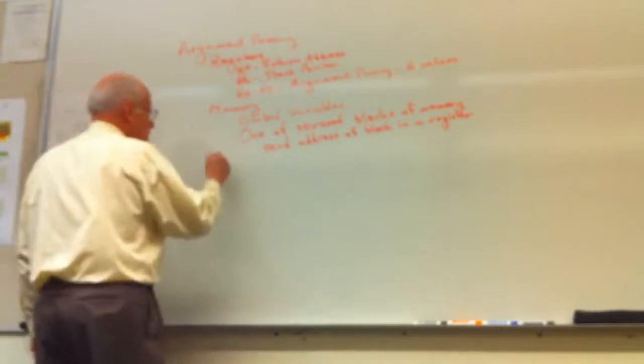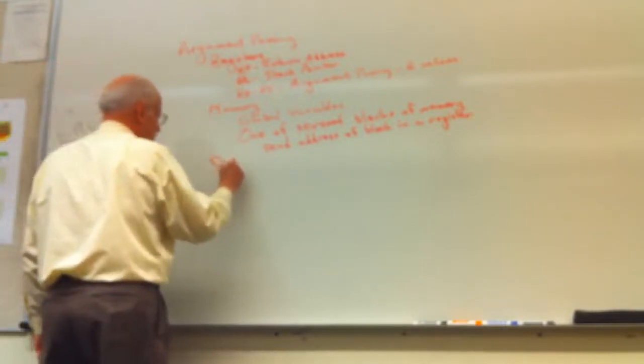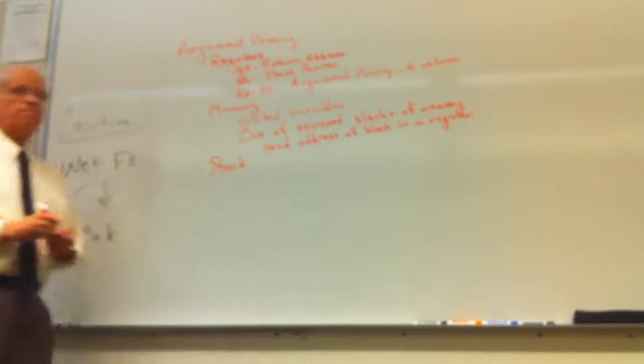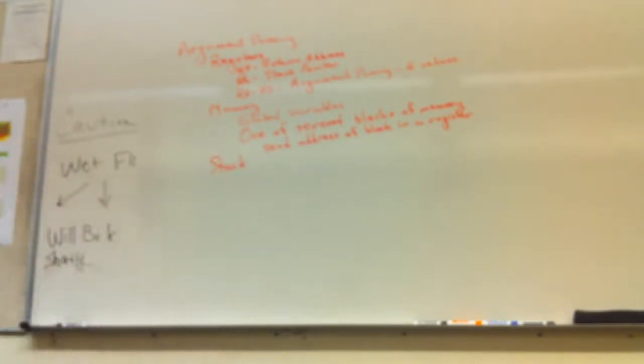The other option that kind of uses memory, but is more commonly used, is to pass values on the stack. And again, you can either put the actual value that you're going to work with out there, or you could pass an address of a location, pass by value, pass by reference. It all depends on what you're giving the program.